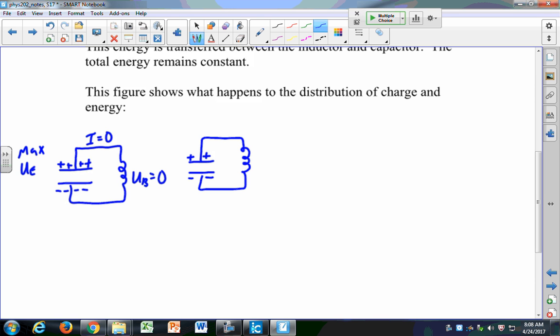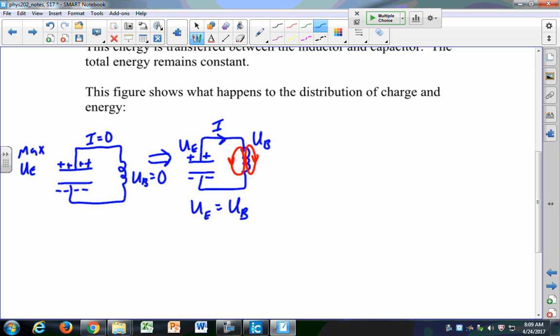So here I have a current that's flowing through the inductor, and then I also have a magnetic field. Because I have a changing current moving through that inductor, I have a magnetic field. So here I have UE, the energy of the electric field, and here I have the energy of the magnetic field. Now in this case, UE will equal UB.